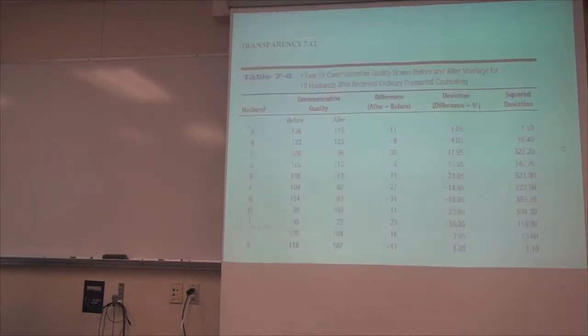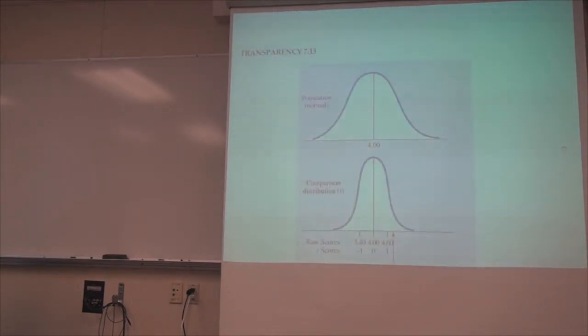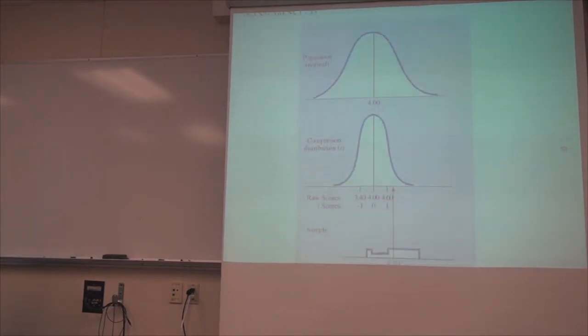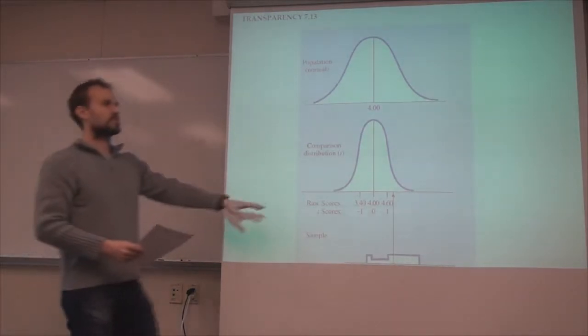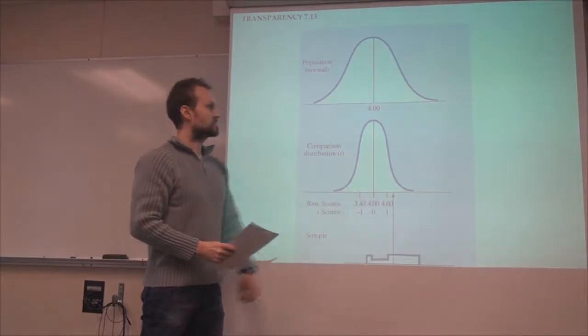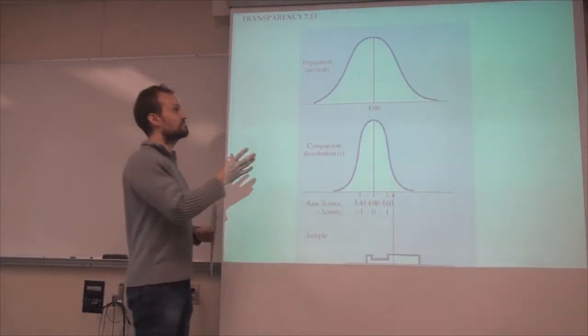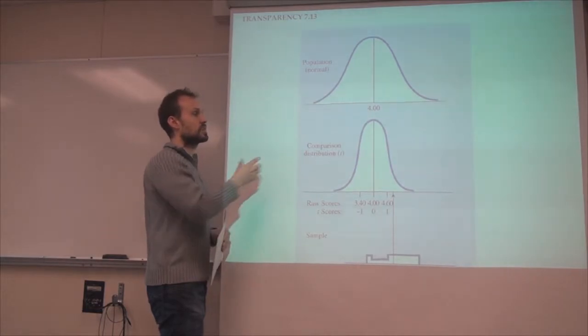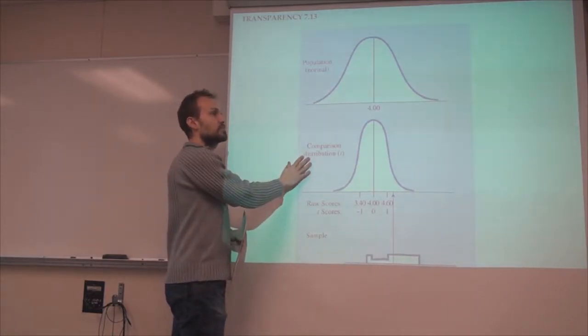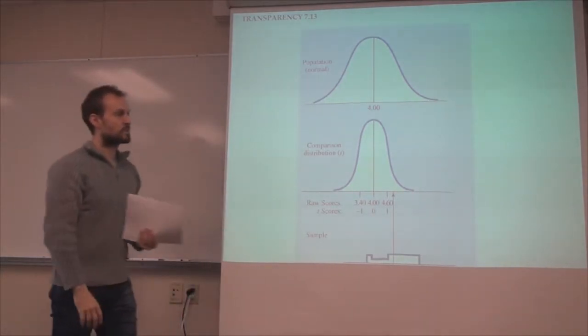Let me just check, do I have a sketch here? So my population, that's not accurate, the numbers are not right, so don't look at the numbers, just the idea. I have a normal distribution of all the different scores. I look at my comparison distribution, which is the distribution of means, again, because my sample is bigger than 1.